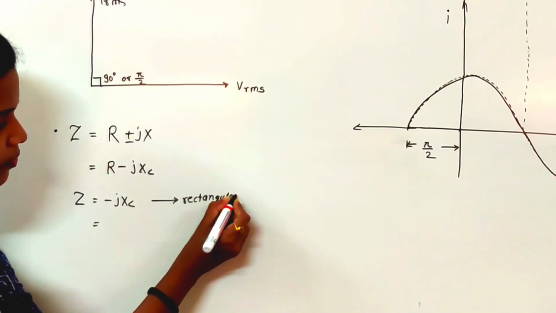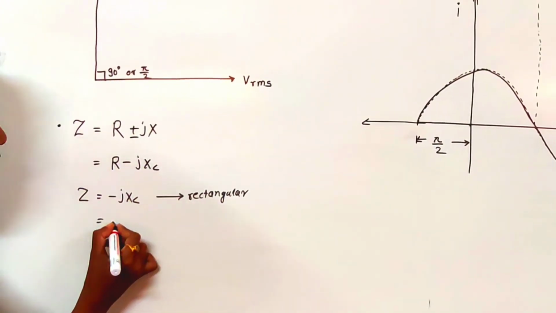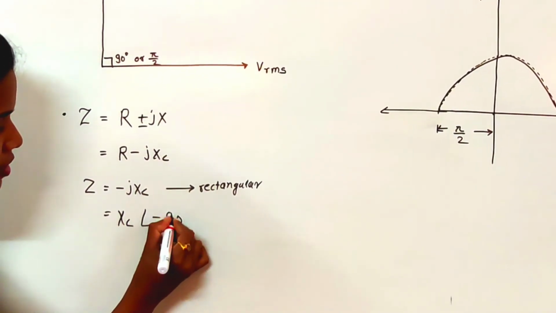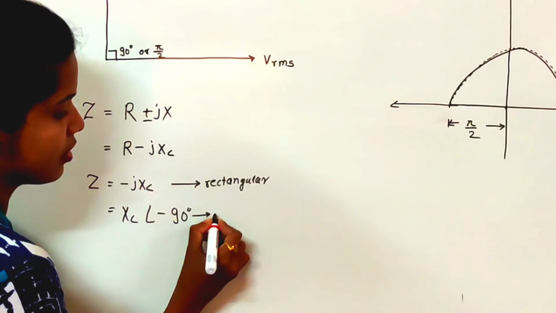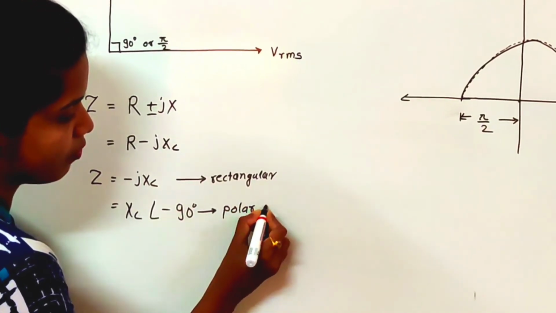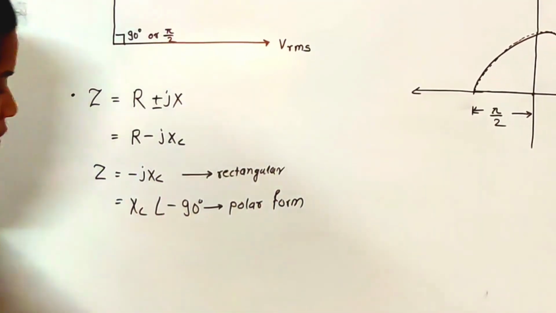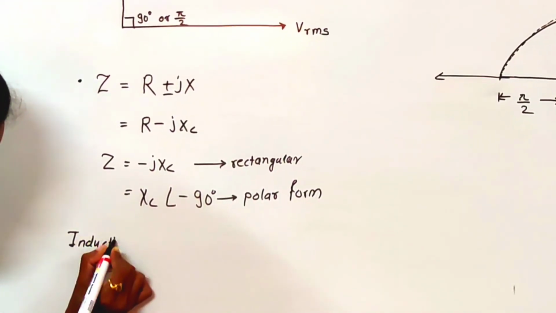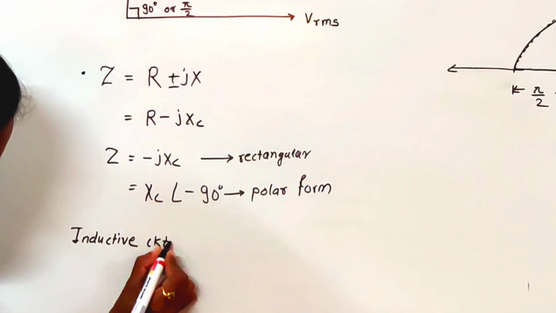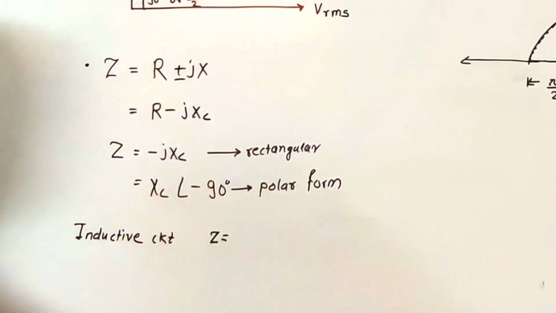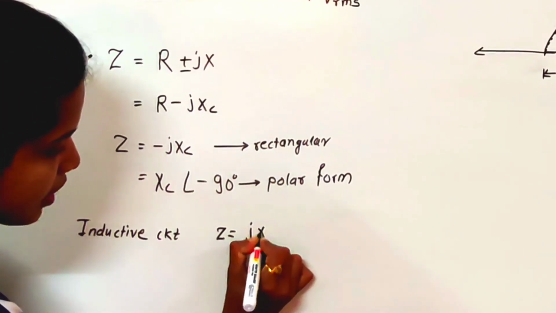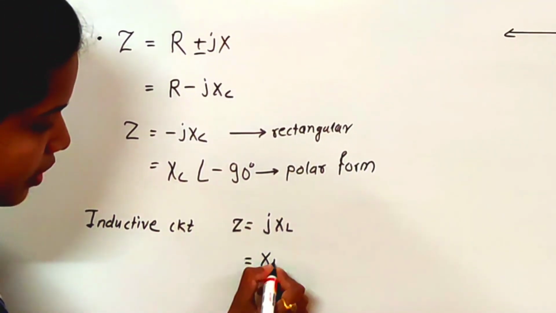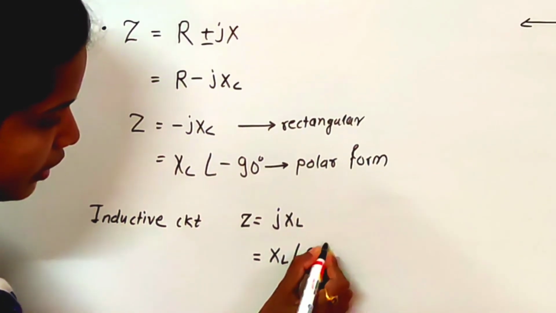Converting it into polar, we get Xc at an angle of minus 90 degrees. This is in polar form. And for an inductive circuit, Z is equal to only jXL in rectangular form, and in polar form XL at an angle of 90 degrees.